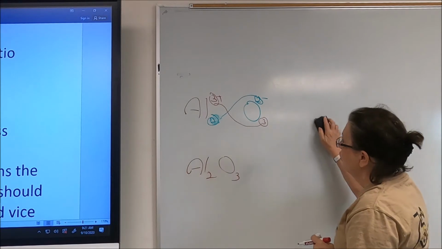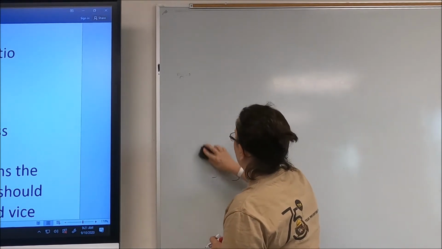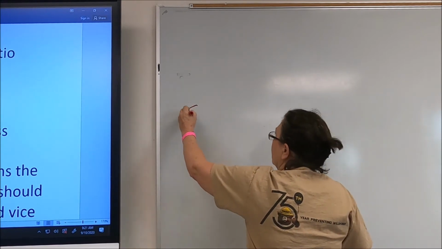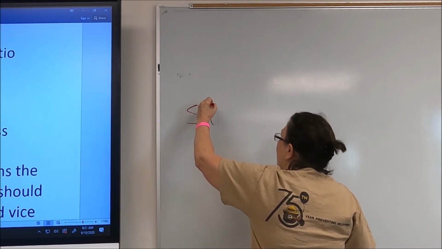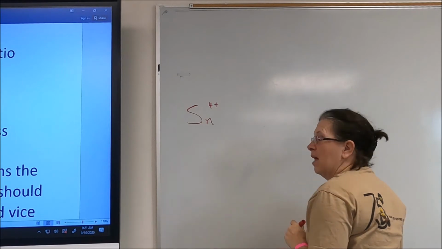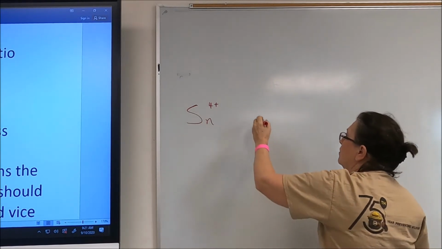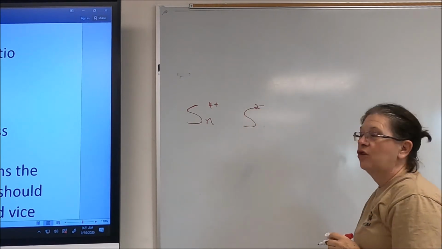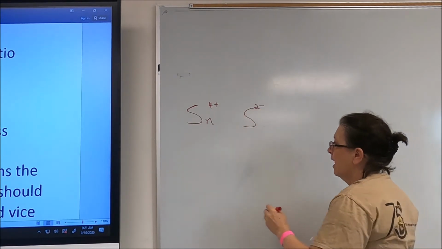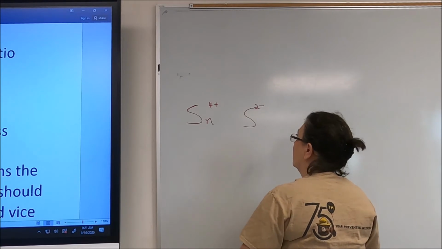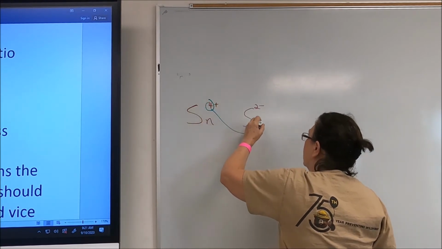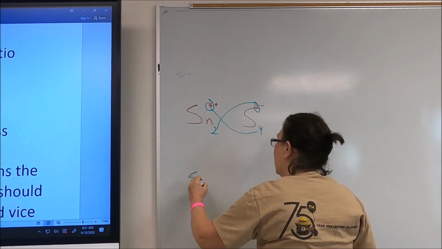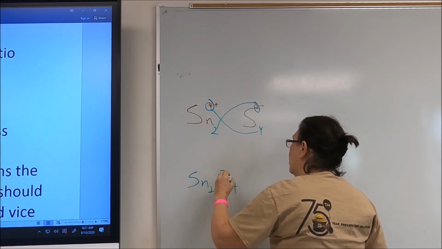All right, that's crisscross. Now, let me throw in a poor metal, tin. Let's say we have a tin 4+ ion, so that's tin(IV), and we have a sulfide ion, S2-. If I do crisscross, I get Sn2S4.